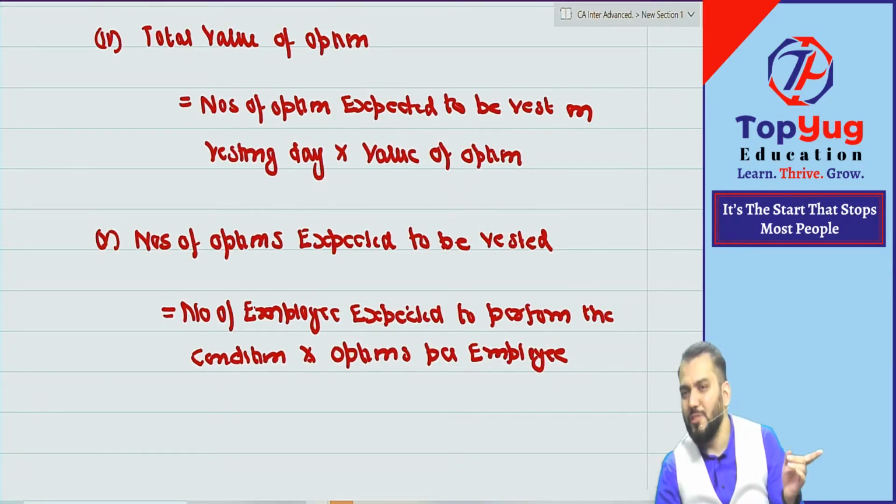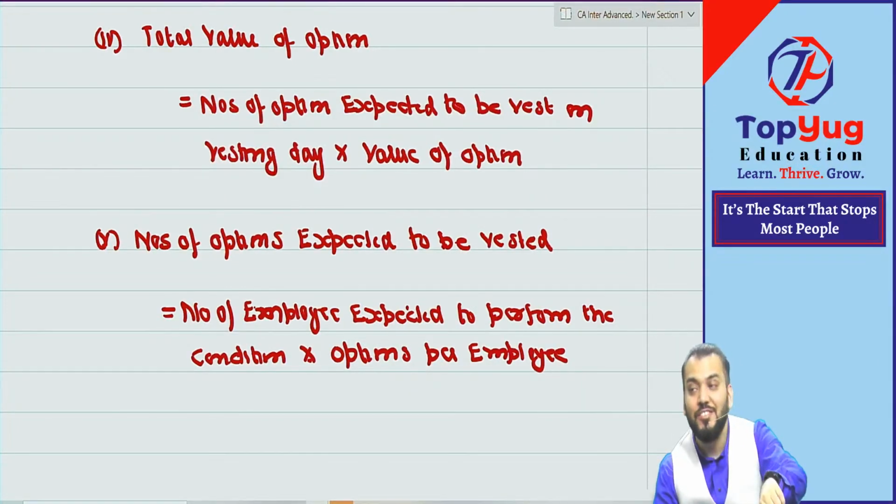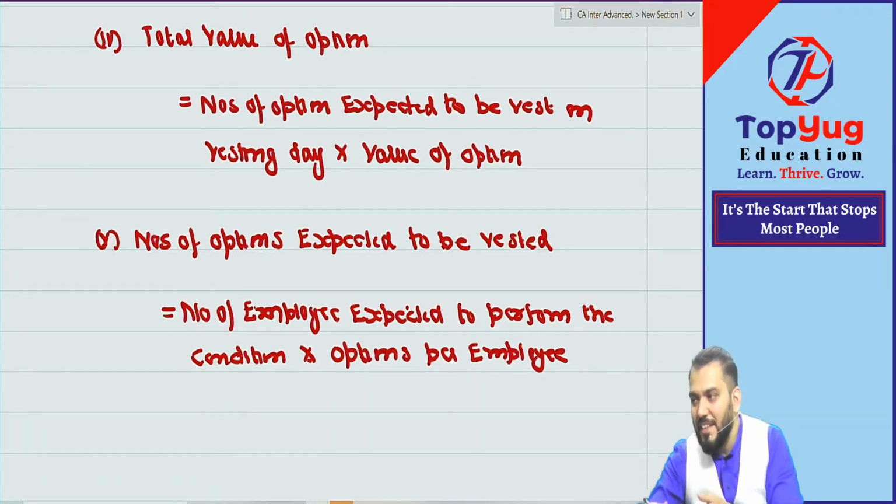In the last question, if 500 employees were there and each employee was getting 100 options, we multiplied by 100 in each case. So we first calculated the number of employees expected to perform the condition based on the information given in the question. Understood? Correct? I think we are just writing in reverse way.